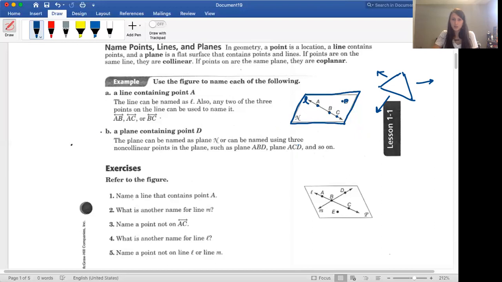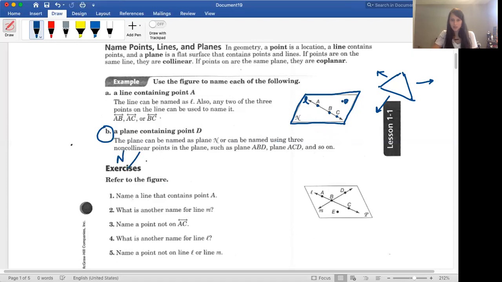And so here, section B, this example B here says, use the figure to name each of the following. It says, name a plane containing point D. Well, the plane where point D is located is this plane right here. So I could use N to represent that.